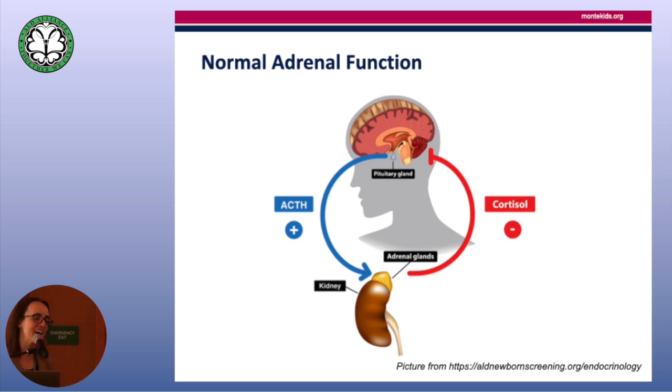And on top of that, the protein that binds the cortisol is also low in infants. So their cortisol levels at baseline are just lower than older kids and adults. And ACTH has no reference range under the age of 3. So it takes a lot of interpretation.